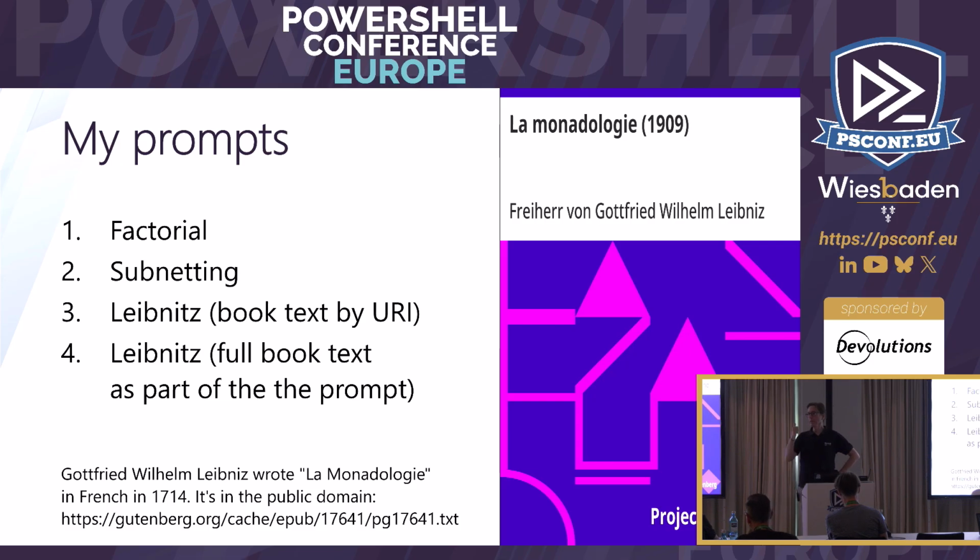Problem number 1: create a PowerShell script that calculates a factorial value. This is a kind of no-brainer, a hello world example that you might have learned 10 years ago when you started with PowerShell, or calculating Fibonacci numbers. Every artificial intelligence can do that without any problems, right?